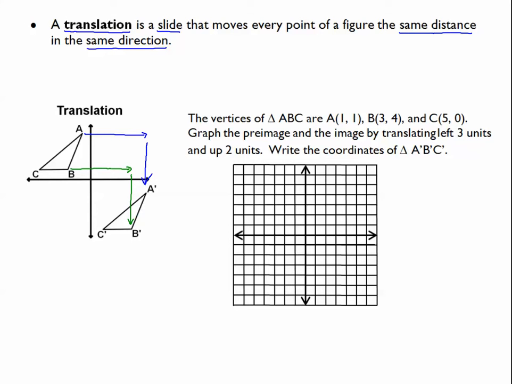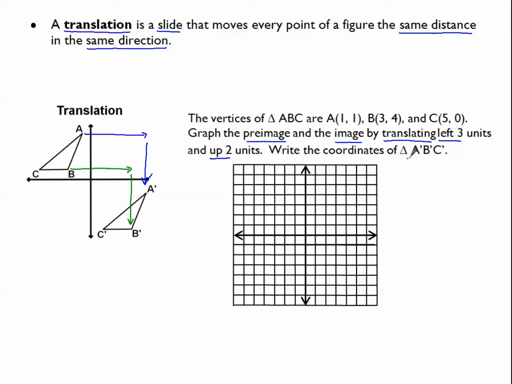Here's an example of how we would do this in the coordinate plane. The vertices of triangle ABC are A (1, 1), B (3, 4), and C (5, 0). Graph the pre-image and the image by translating left 3 units and up 2 units.